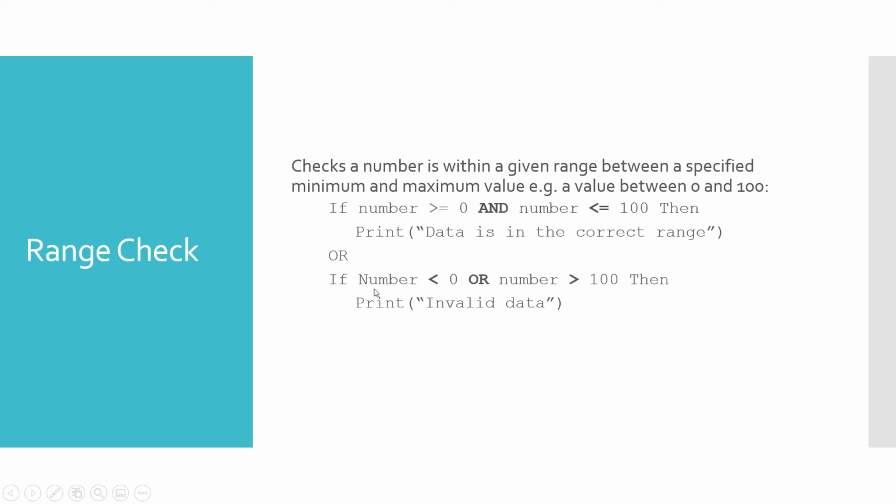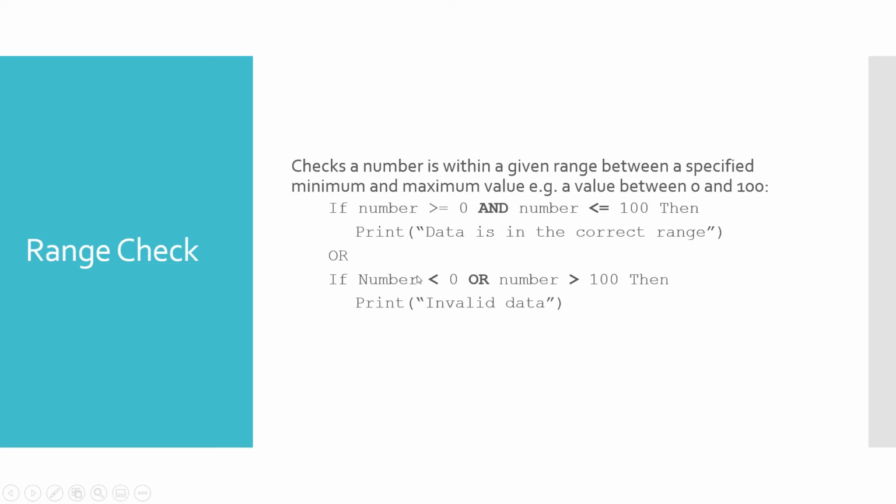Alternatively, we could code it this way: if number is less than 0 or it's greater than 100, then it's invalid. Now we would code these kinds of tests inside a test, having checked that we do have a number, we've verified that. But just notice for a moment, please, that in the top statement we've got an AND and the arrows are pointing towards the word and, the logical operator.